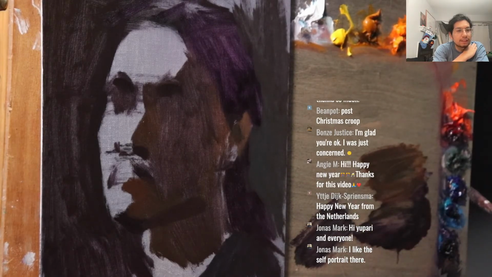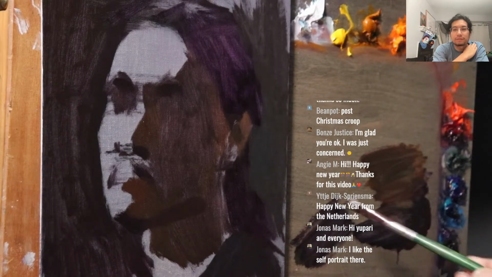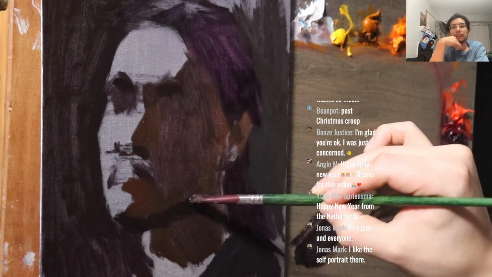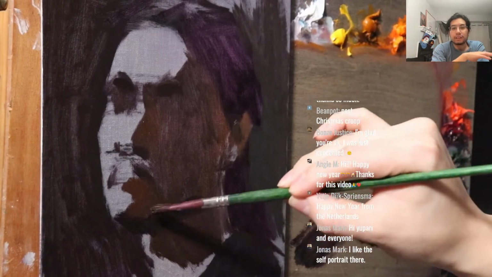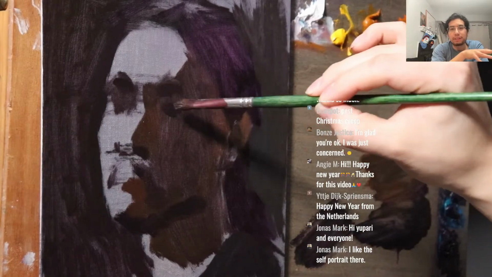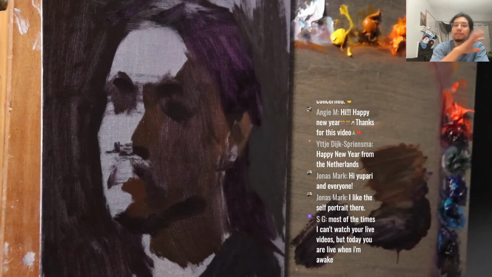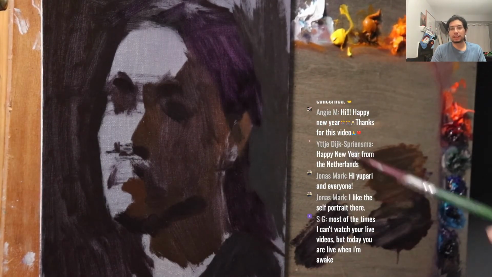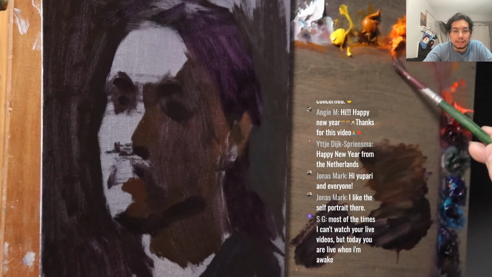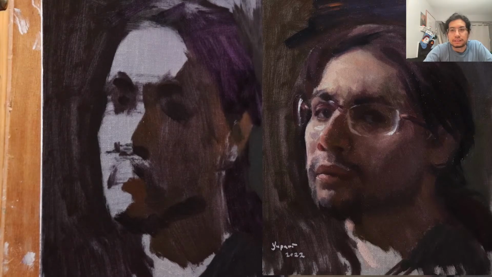Hey, Jonas. Oh, I'm glad you liked the self portraiture. And at this point, what was going on in my mind in terms of the painting development was covering the darks such that I can work with that thin sliver between light and shadow, as you see it with the lighting.